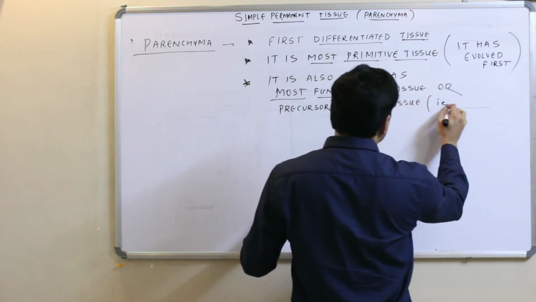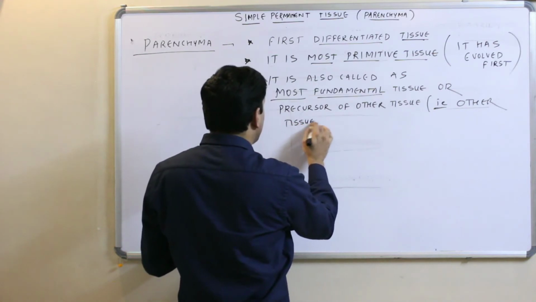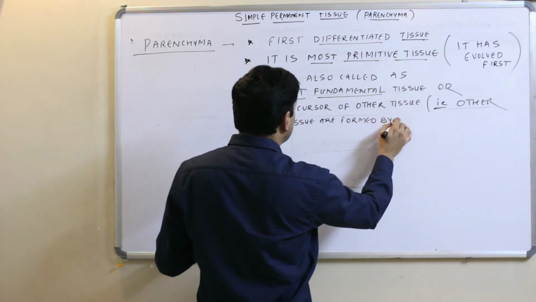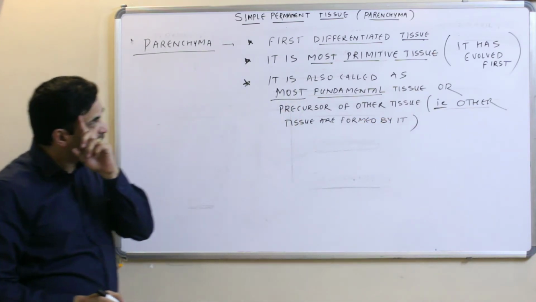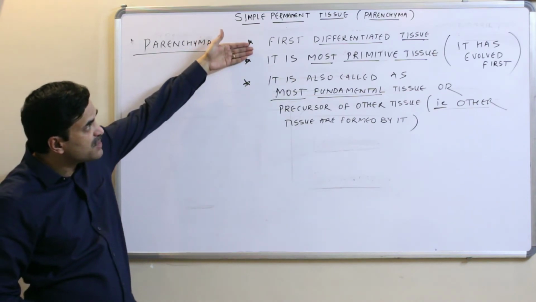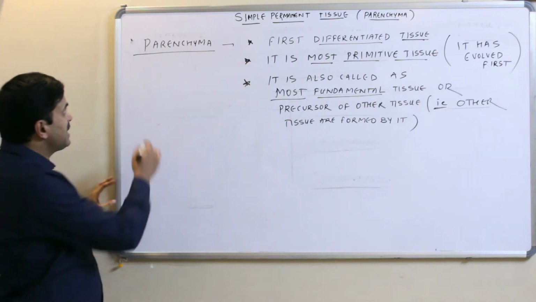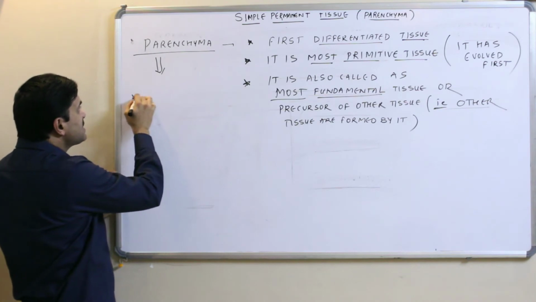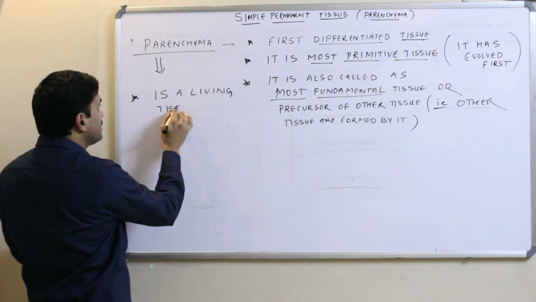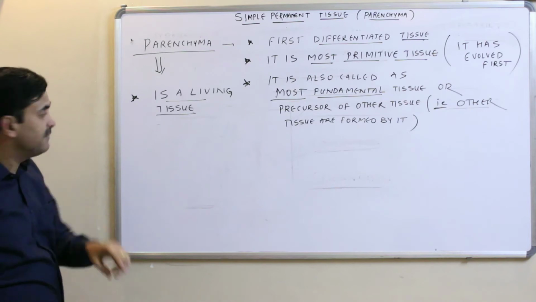That is, other tissues are formed by it, and hence it is called the most fundamental tissue. So it is the first differentiated tissue, most primitive tissue, most fundamental tissue. And remember, this Parenchyma is a living tissue. It is not a dead tissue; though it is a permanent tissue, it is a living tissue.